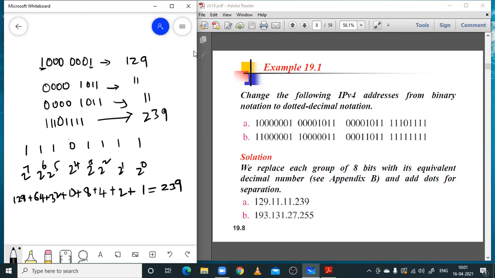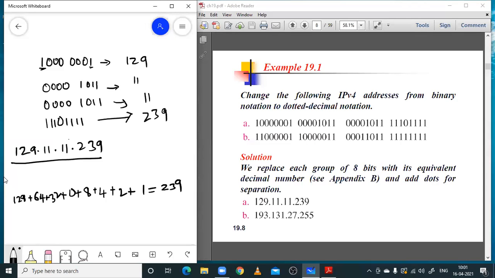So what is the IP address? The IP address, according to the first question, is 129.11.11.239. This is the solution for this one.